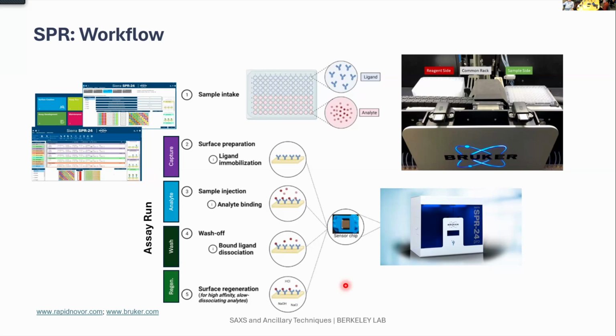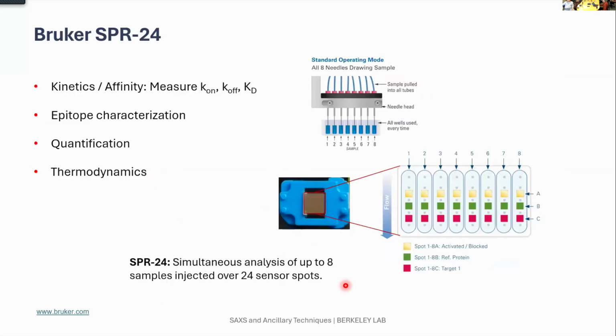You can do complete regeneration when you get rid of everything, including protein attached to the sensor chip, or you can just get rid of any analytes that were not washed off. For that you can use buffers with lower pH, with higher pH, with some detergents like SDS, or just high salt solutions.